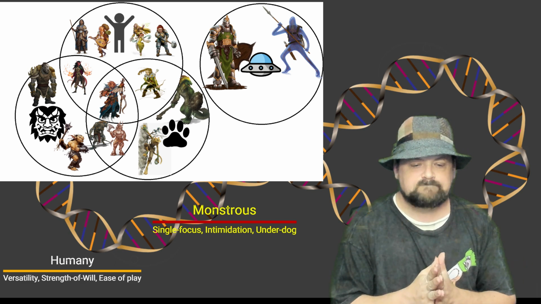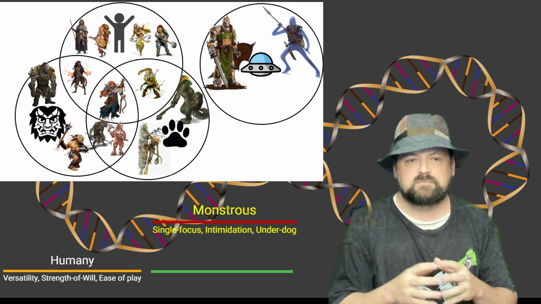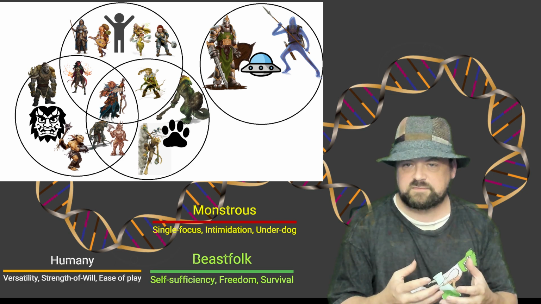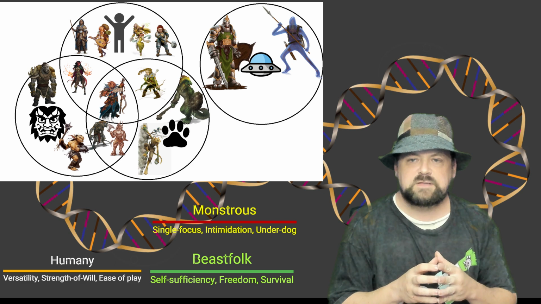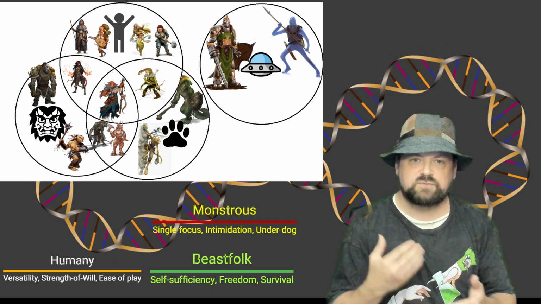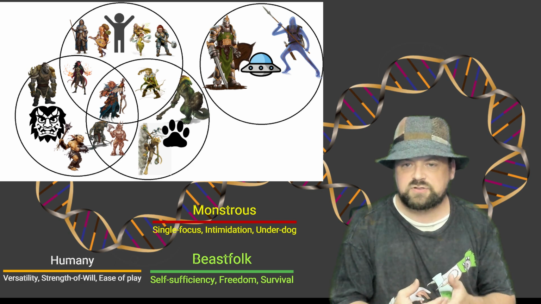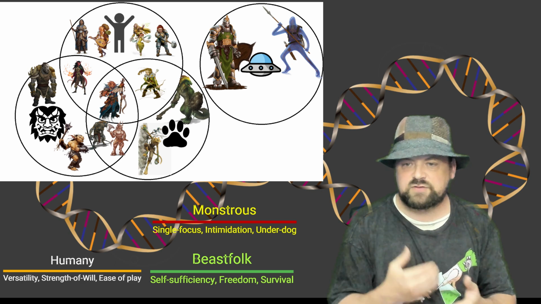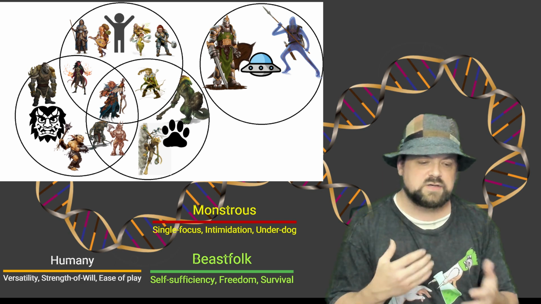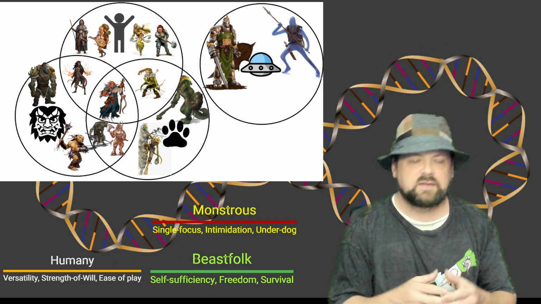So next we have beast folk. Beast folk represent self-sufficiency. They will often be really good at survival. So they will usually have a built-in weapon, enhanced movement of some kind so they can get away from danger. They might have enhanced senses or free survival training, maybe a free stealth skill or something.